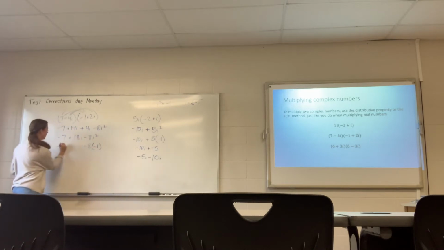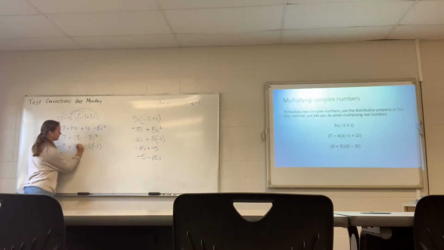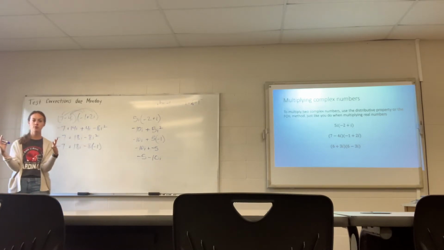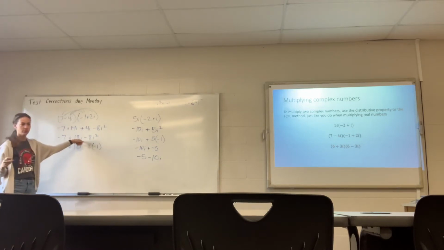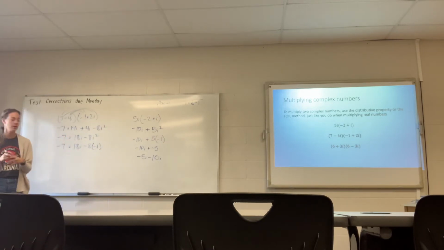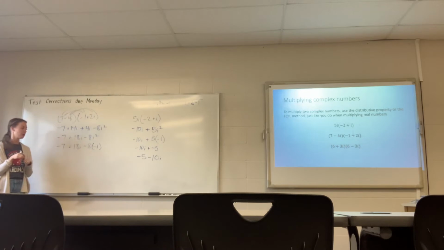So I'd have -7 plus 18i minus 8 times -1. So the squareds get switched out. The i, we don't need to switch that out because that's part of the complex number, okay? So then from here, Mackenzie, what would I do?